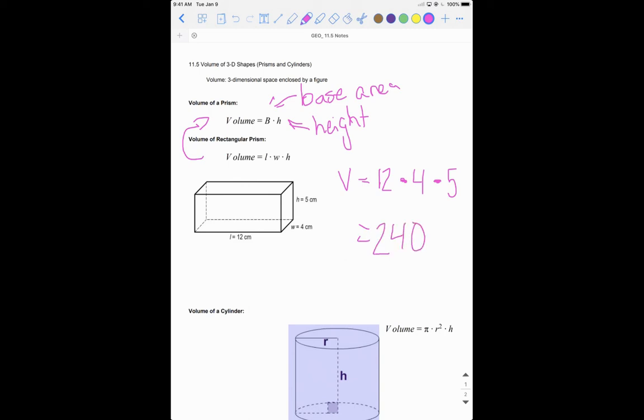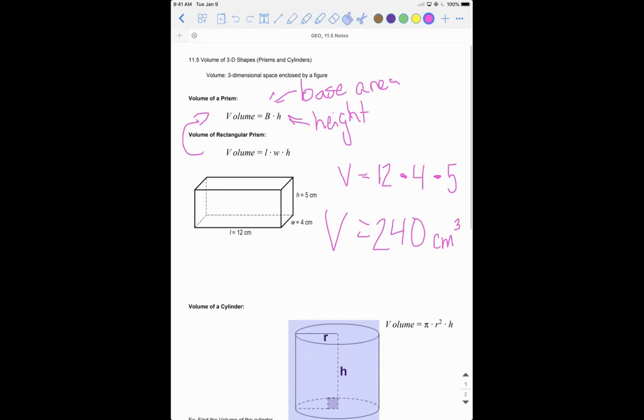And let's look at our units. We've got centimeters. Since we're talking volume, it's to the third power. Notice we're dealing with 3D shapes now. That's why our units are to the third, right? We've got 3 dimensions, so we have to take that into account with our units. Okay, so that's finding volume of a prism, and in particular, a rectangular prism.